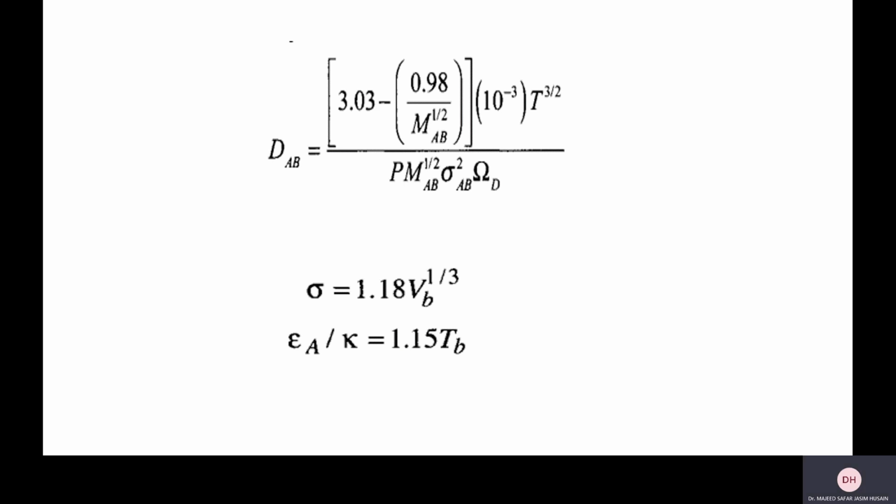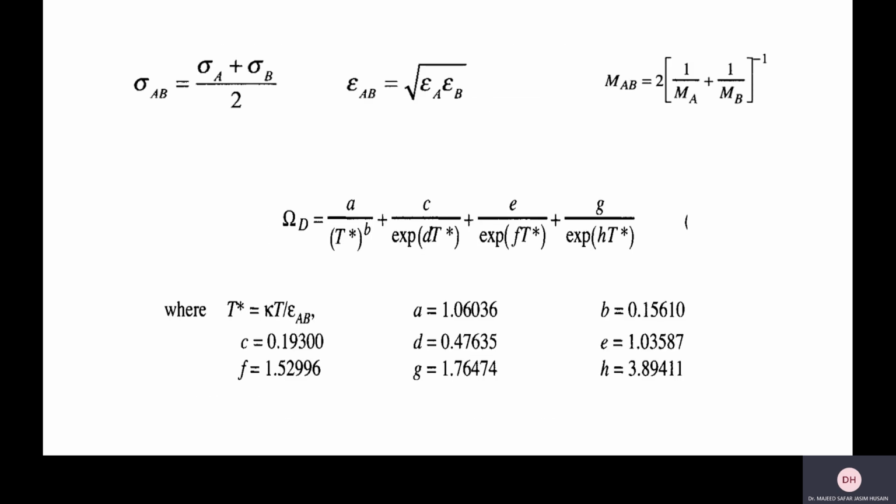So that's that. Now you are able to find sigma AB because it is basically sigma A plus sigma B over 2.